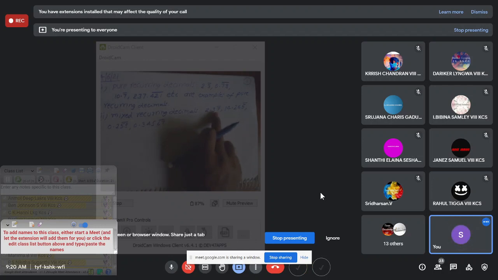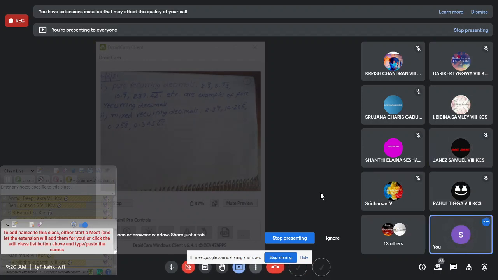Here, what is the repeating part? Only 7 is repeating. In this number, what is repeating? 5. In this example, what is repeating?